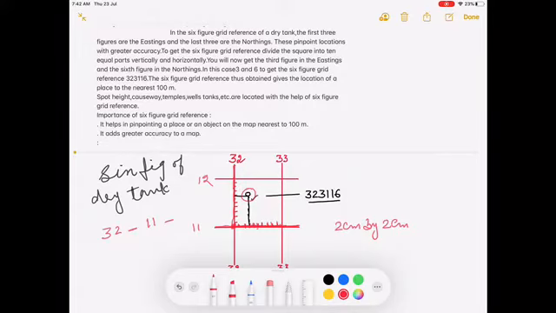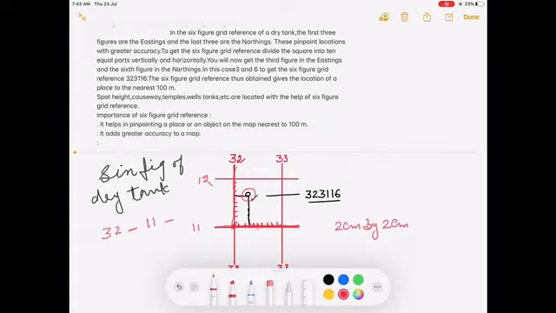Now with the southwest corner, when you start finding the eastward point, you will not count the first part. You will start counting from this line: 1, 2 and 3. So its easting is 32, we have already written. Now you will move towards the eastward point. You make a right angle from this and then you count 1, 2, 3.